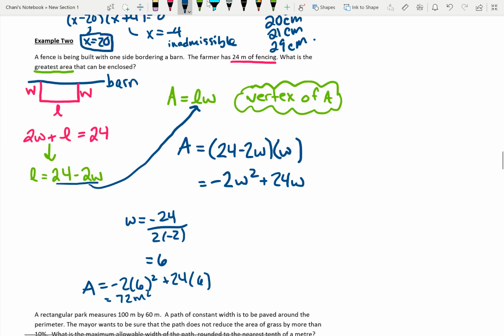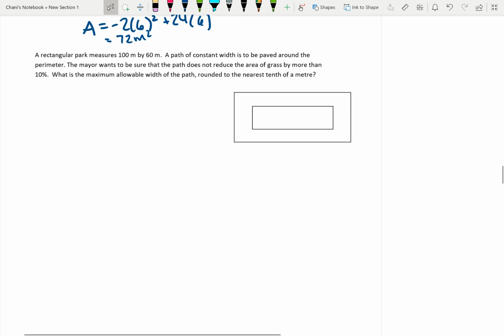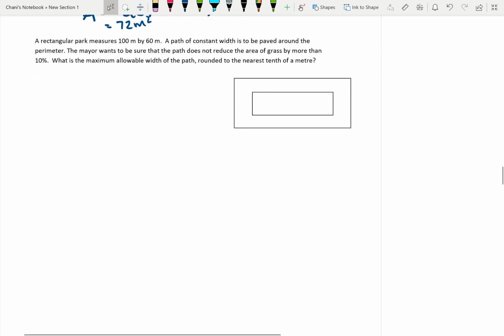Okay, so with 24 meters of fencing, there's a ton of different areas that you could create, but the best one is when the width is 6, so that means the length would be 12, and then you get an area of 6 times 12, or 72 meters squared. So that you can write a sentence. So therefore, the greatest area that can be enclosed with 24 meters of fencing in this situation is 72 square meters.